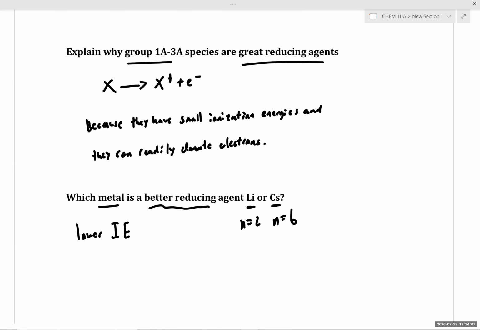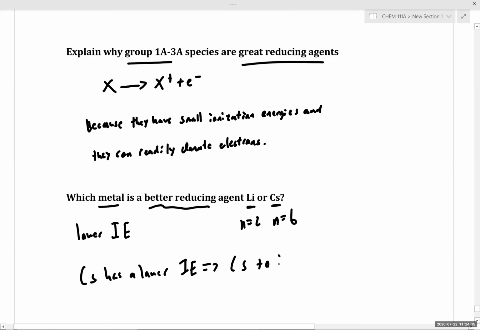Yep, so cesium has a lower ionization energy, ergo we'd expect cesium to be a better reducing agent, as there's a smaller energetic penalty for cesium to donate its electrons. Any questions on this example? If not, let's keep going.